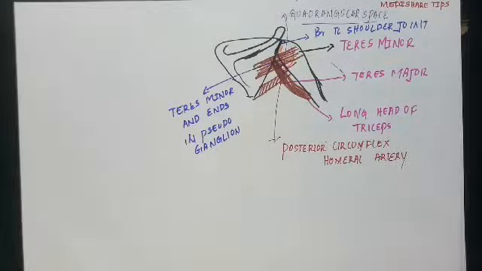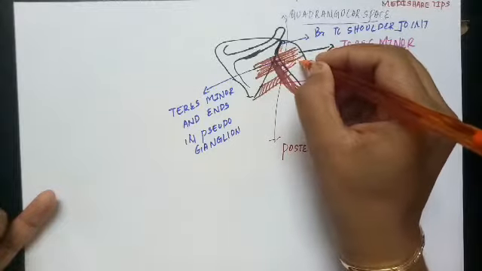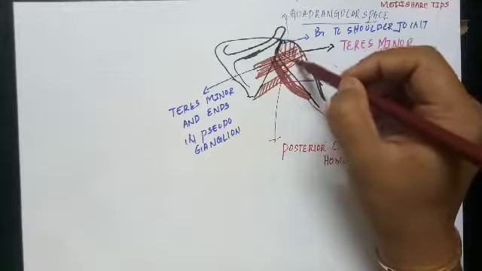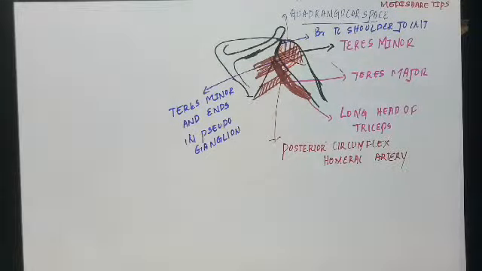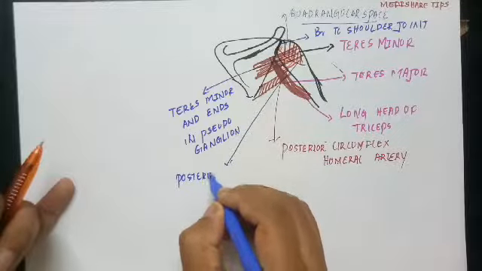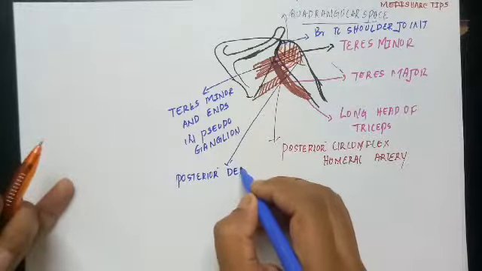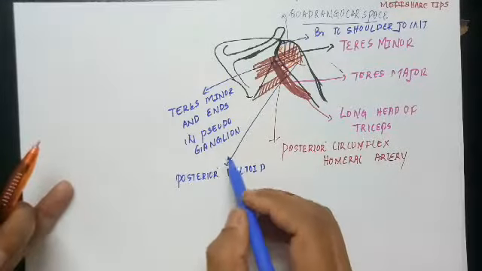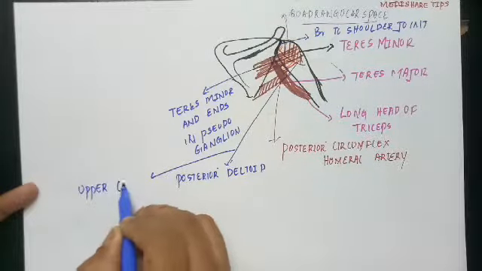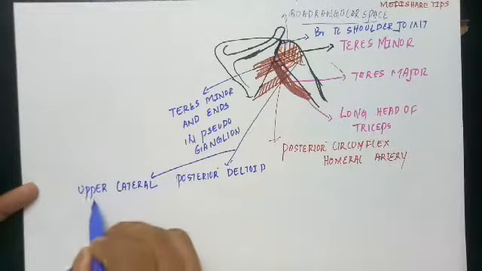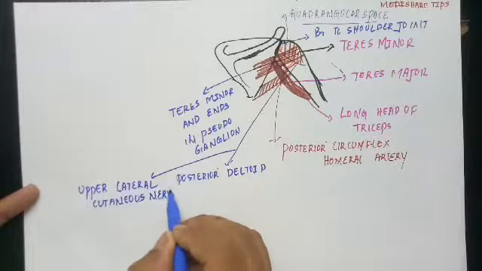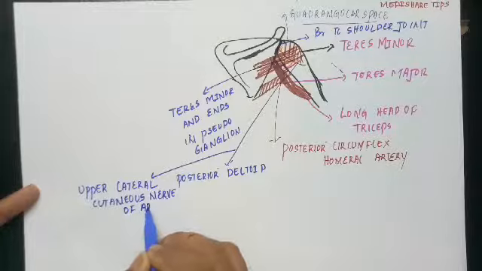The posterior branch also supplies the posterior aspect of the deltoid muscle, and it also gives out a sensory branch, which is the upper lateral cutaneous nerve of the arm.